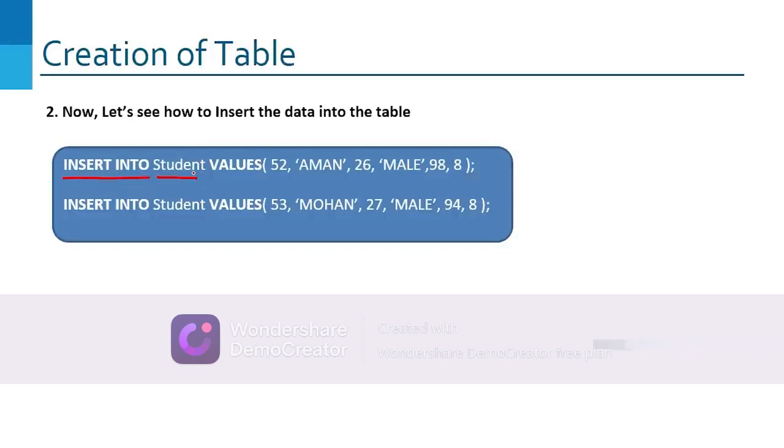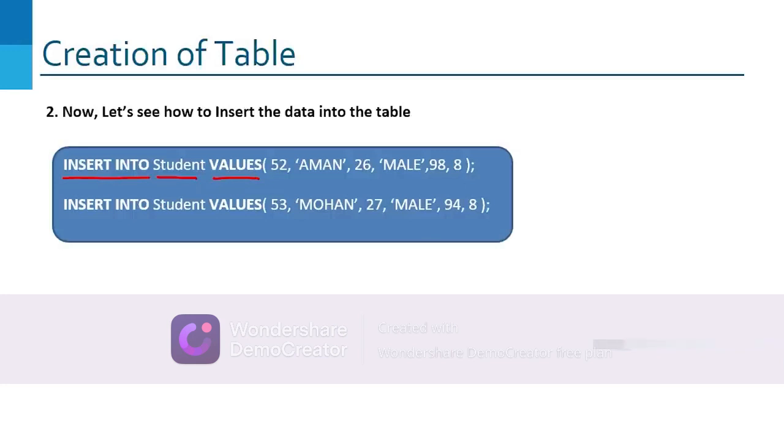If you write student 1 which you have not created yet, it will give an error. So you have to use that particular table which is already created. Then only it can insert values. Then we have the values, and inside the values we have all the values which you want to give. Now understand that the order of all these values should be the same as how you put it in the creation of the table.